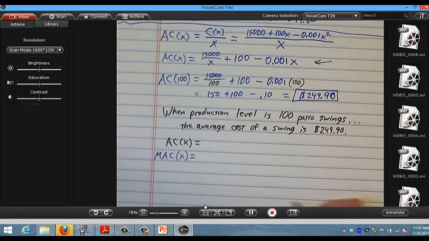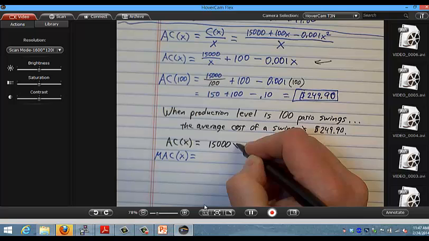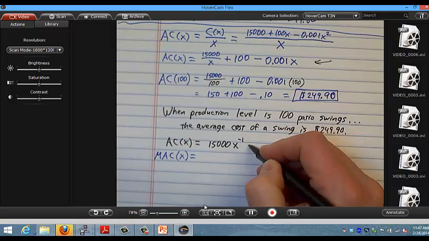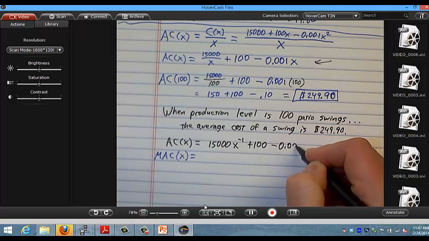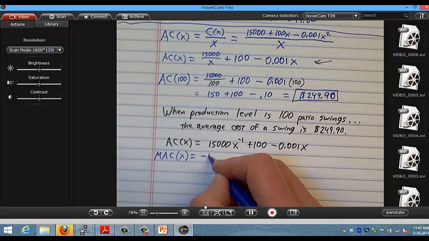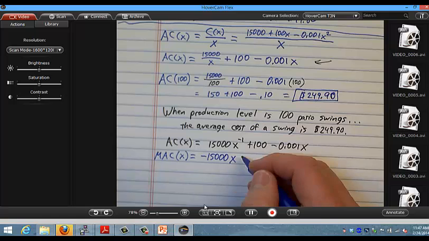Matter of fact, the way I'm going to write it, I'm going to write it as 15,000 x to the what? Negative first power plus 100 and then minus 0.001x. So when I take the derivative now, I think you'll understand that what I get is negative 15,000 x to the what?